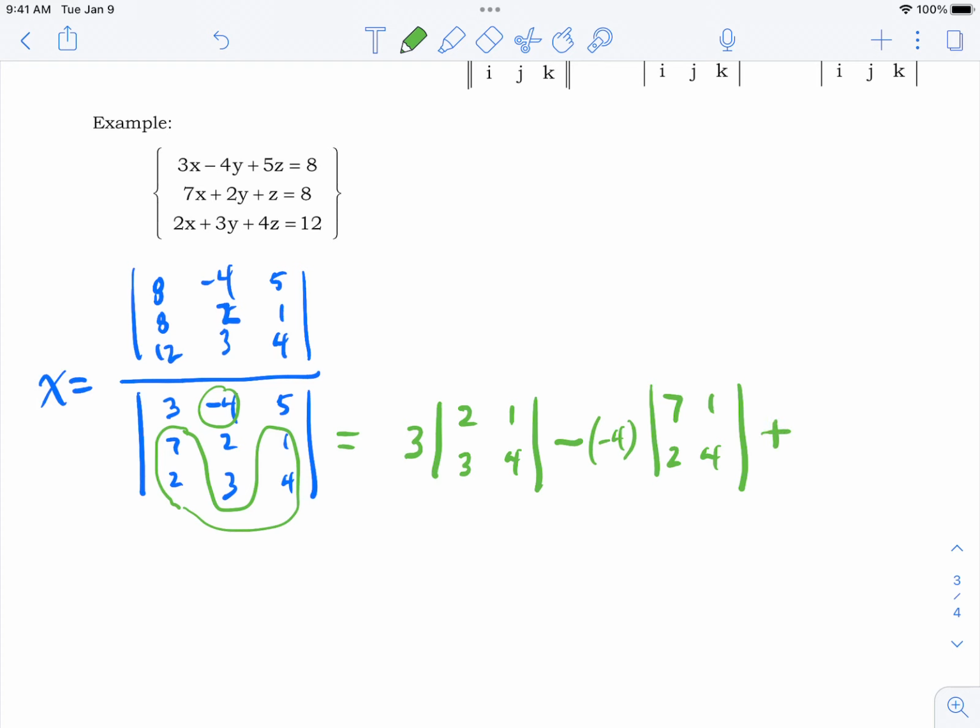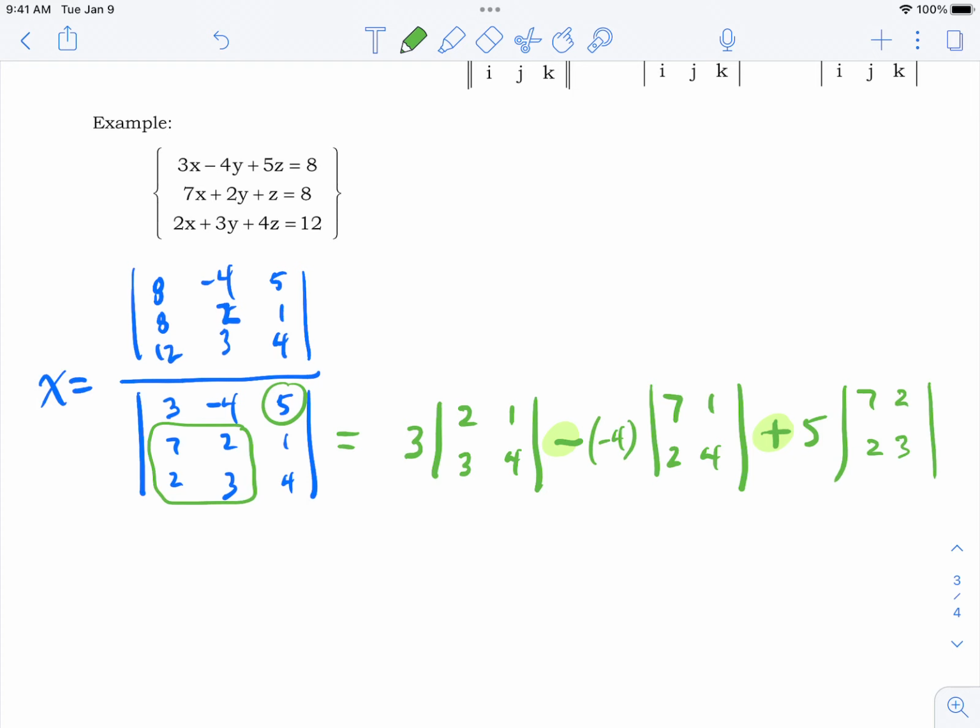Then you add. So that's important. Minus and then plus. You have to alternate like that. Now what am I going to do next? Well, I'm going to take this 5 here. Make another 2 by 2 with, can you guess? Those numbers. So the ones that are not quite under the 5. They're kind of crookedly under the 5, however you want to say that.